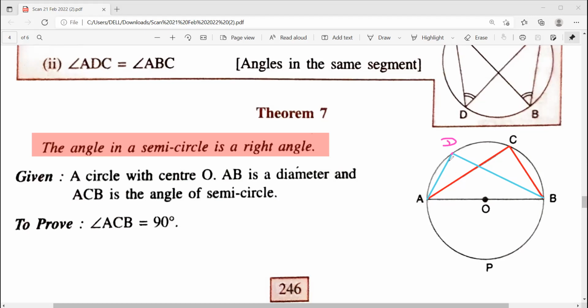I'm talking about this angle here. You can have infinite such angles.